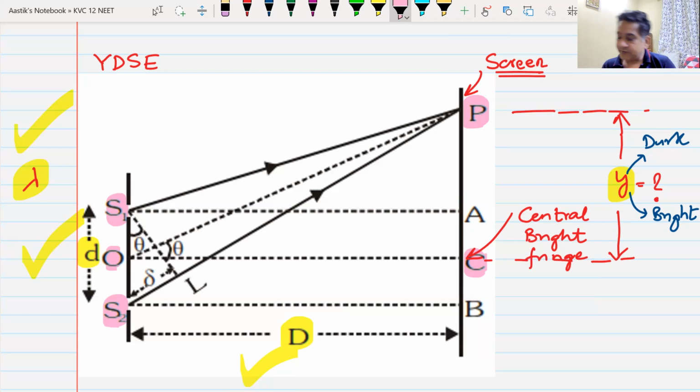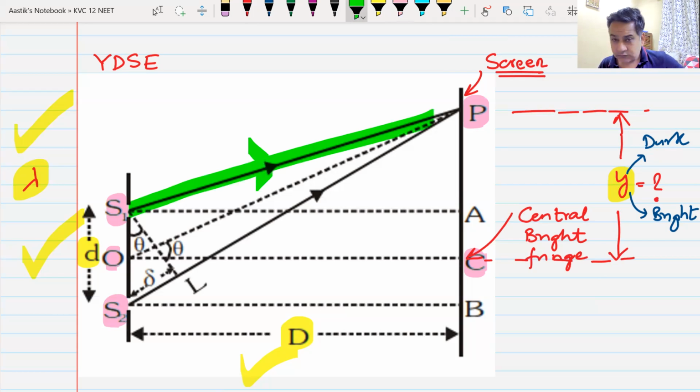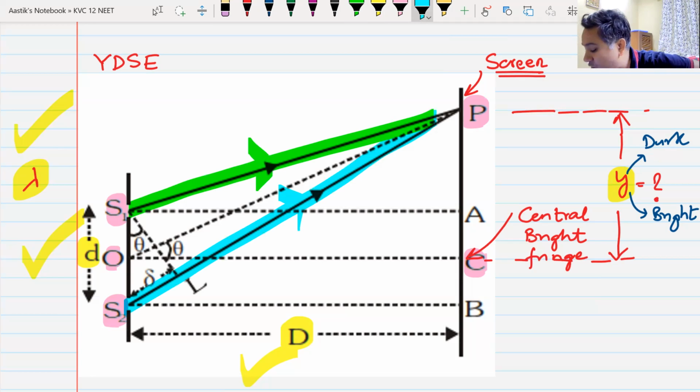One wave is coming from slit S1, the other from slit S2. One is green and one is blue. They are not traveling the same distance. Therefore, they have a path difference.